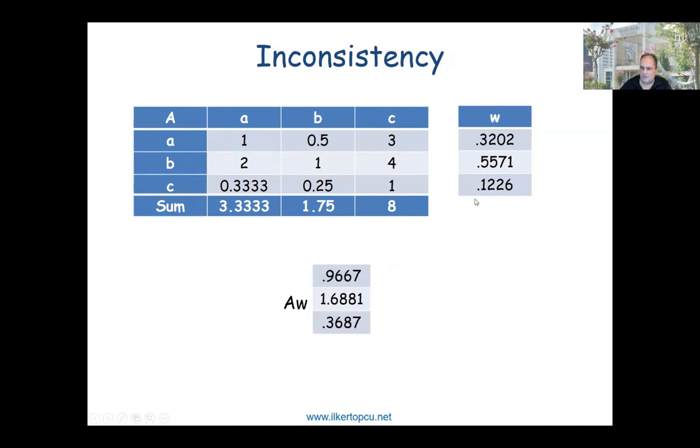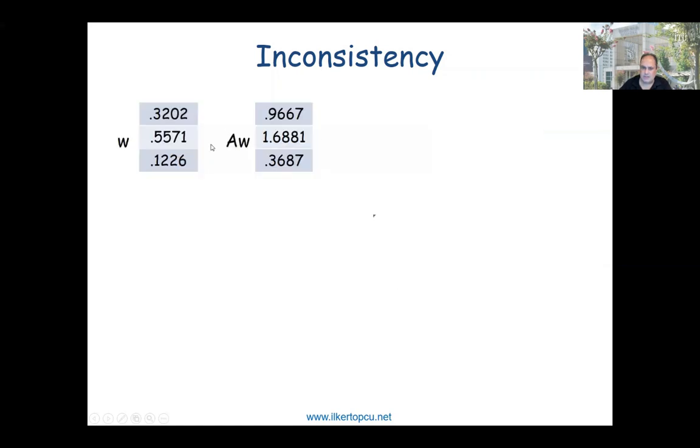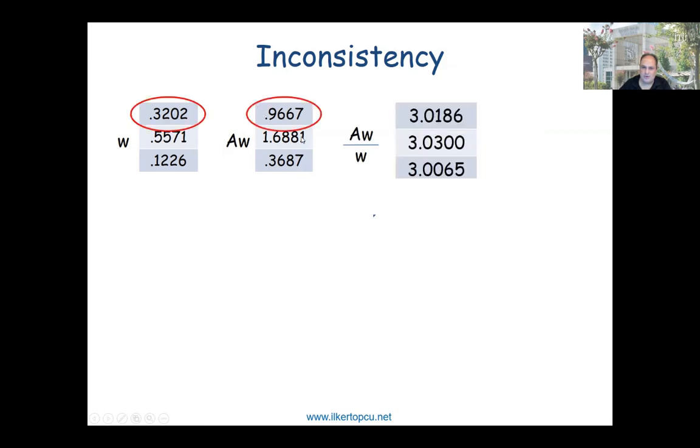And then these two vectors' entries are compared. We get ratios: first element over first element, second over second, and third over third. As here n equals 3, where n is the size of the matrix, our ratios will be around 3, a little bit more or a little bit less than 3.